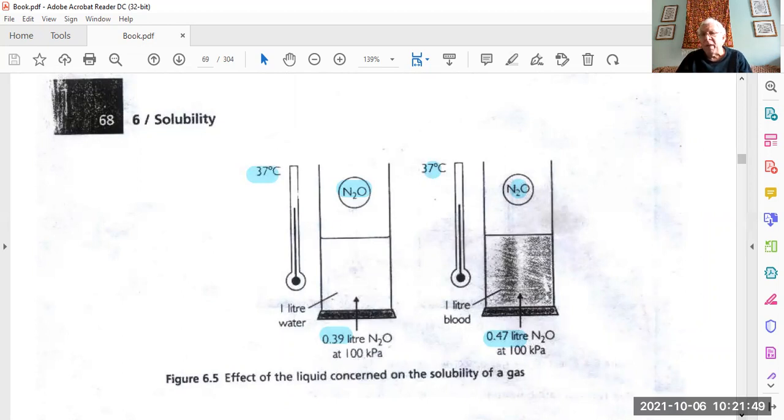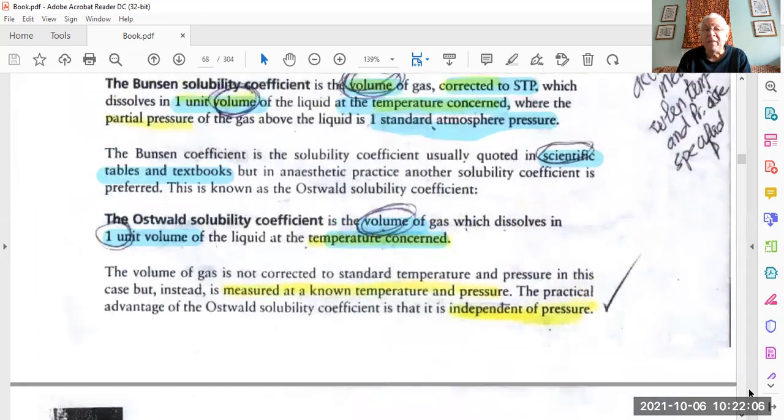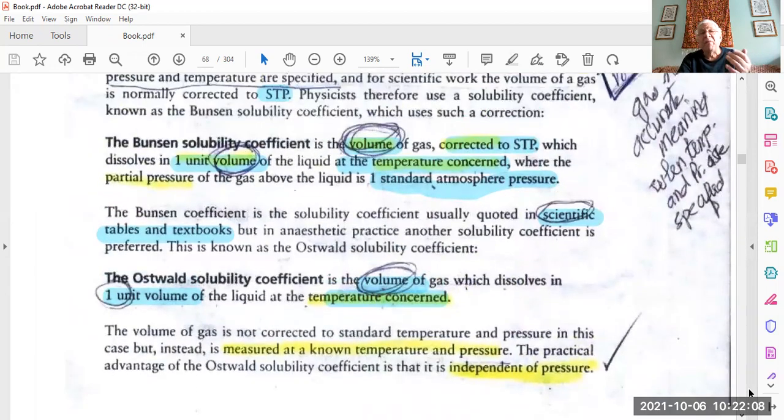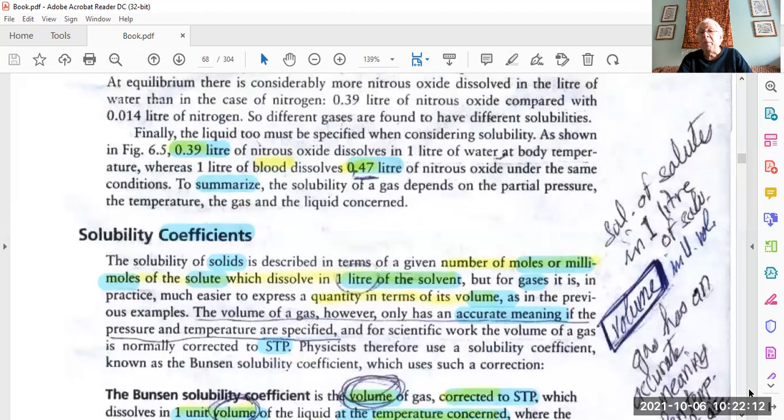This is what we call the blood gas partition coefficient of nitrous oxide. So definitely nitrous oxide is less absorbed in blood in comparison to water. So these are the 4 factors. To summarize, the 4 factors affecting the solubility of a gas in a liquid. Okay.